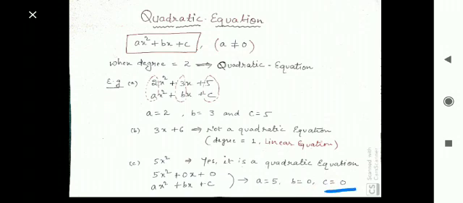Just compare this equation with the standard equation ax square plus bx plus c. In place of bx we can write 0x, and in place of c we can write 0. So the equation will be 5x square plus 0x plus 0. And if we compare these two equations, we get the values of b and c, that is 0 and 0. So it is a quadratic equation.